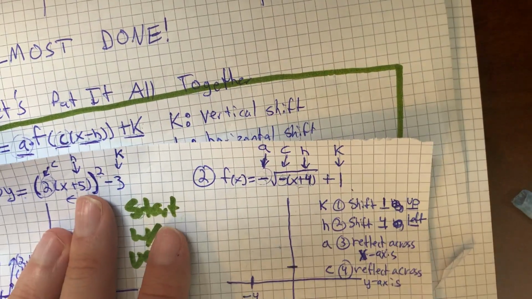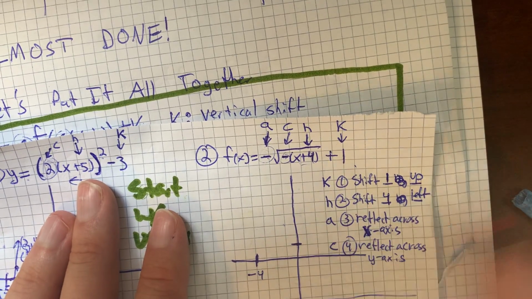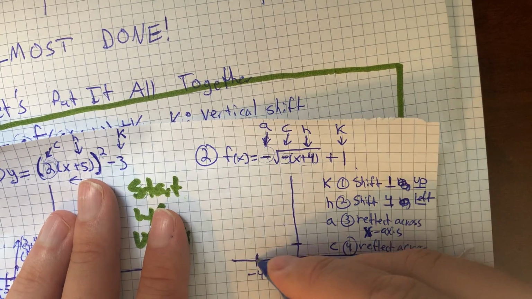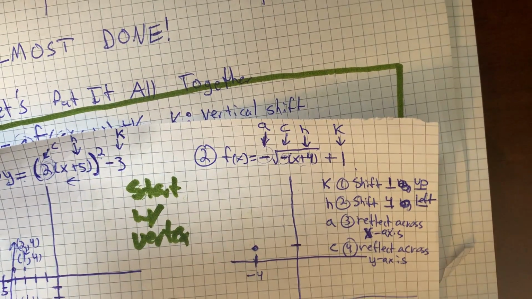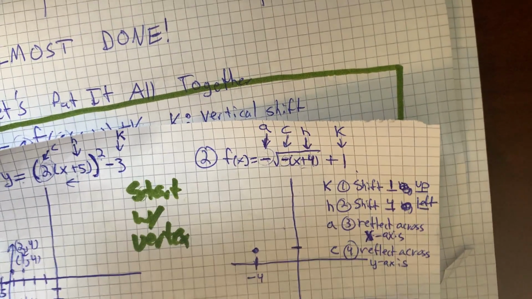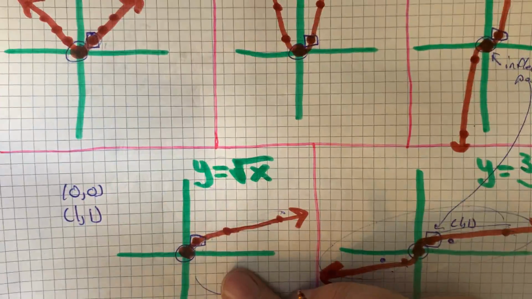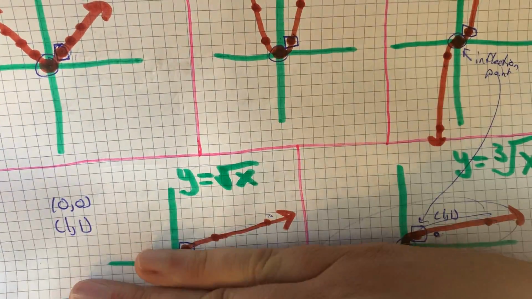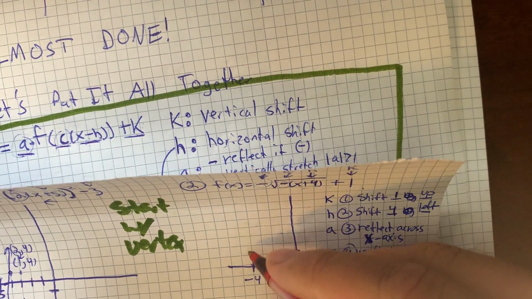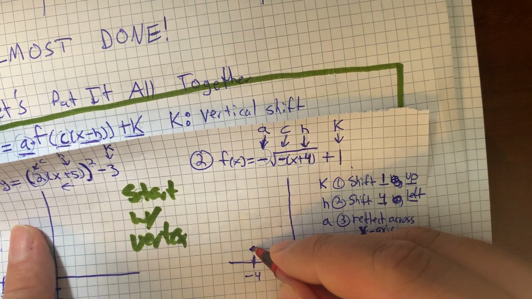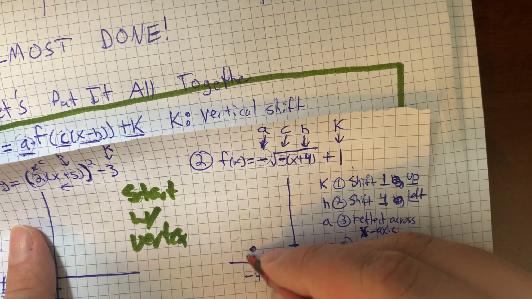And so what's going to happen is we have our vertex that is 4 to the left and 1 up. And instead of having the normal square root parent function that looks like this, it got reflected across the x-axis and the y-axis. It got reflected both ways. So instead of going to the right, it will go to the left. Instead of opening up, it will open down.